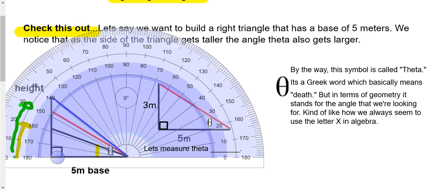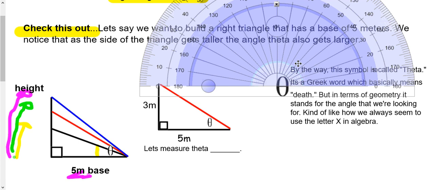And then as we go up even higher, we see that the angle is approaching about 40 degrees. Now, the base has stayed the same, so that's important. If the base stays the same, but the hypotenuse gets longer, well, the angle changes. Yeah, the angle right here changes. Now, let's just have a word about that symbol there.